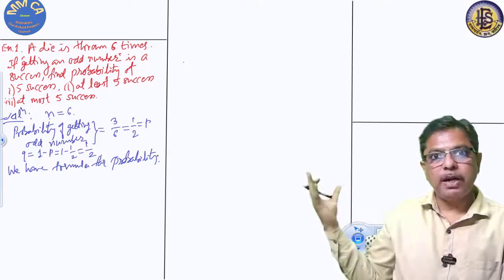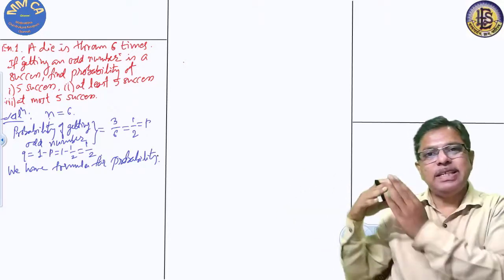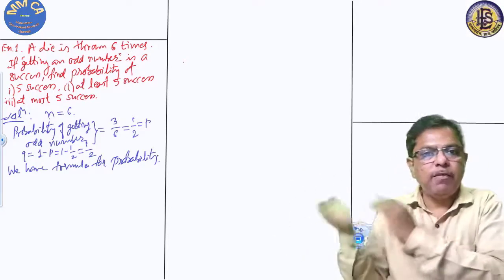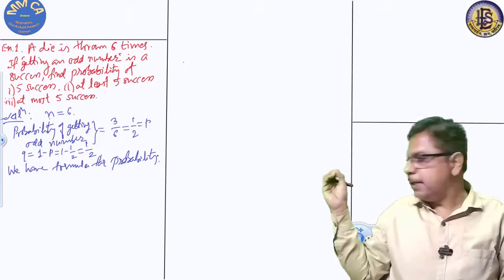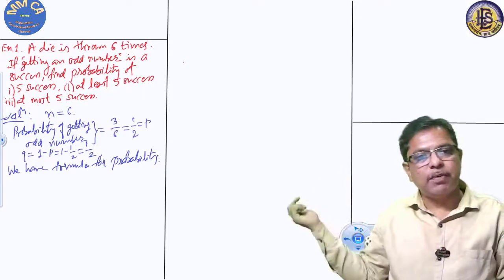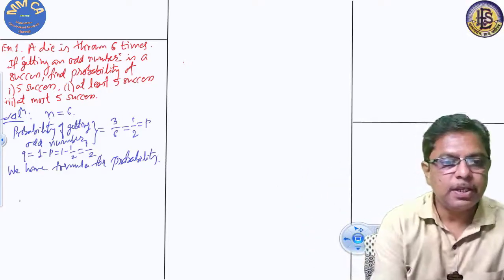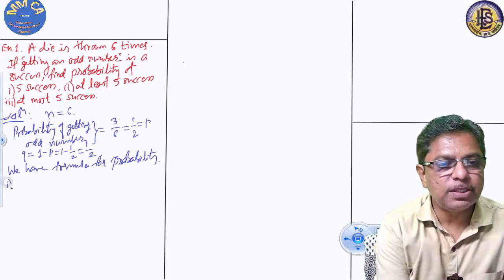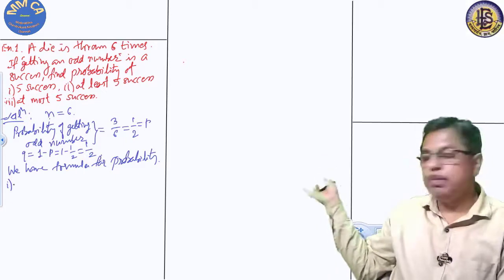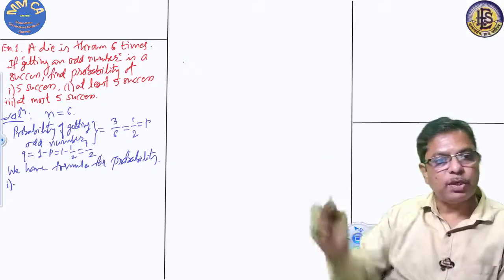But we have to find the probability when we are throwing the die 6 times, and we have to find the probability of getting 5 successes, or at least 5 successes, or at most 5 successes. So the student must understand the difference between the value of p and the sub questions.